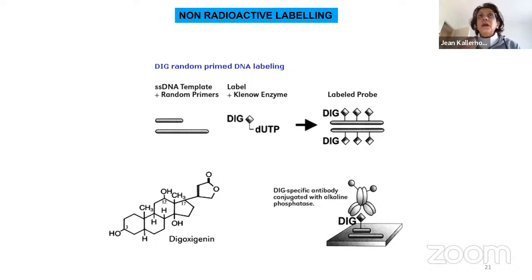That will be less harmful than the radioactive compound, but the principle is always the same. You have this dig as the label. It will allow you to see it.